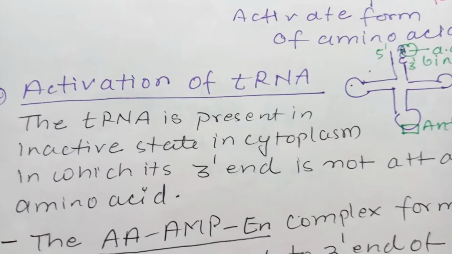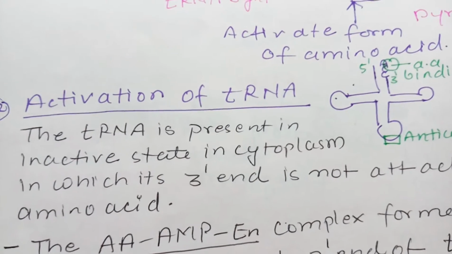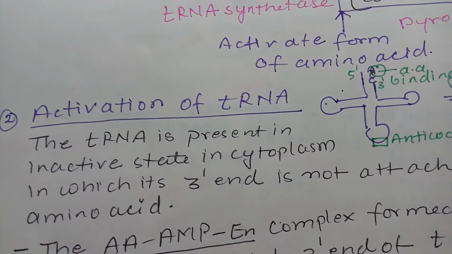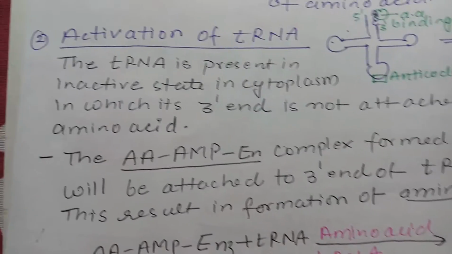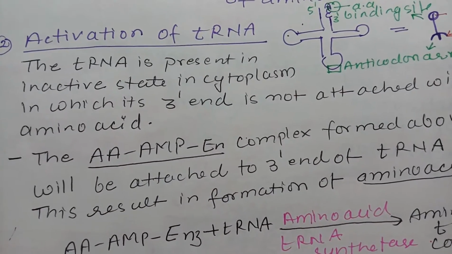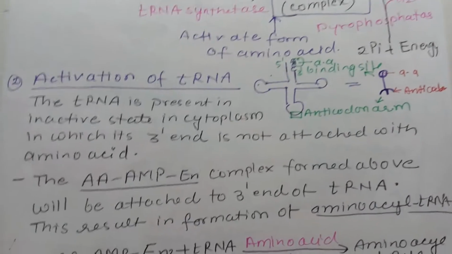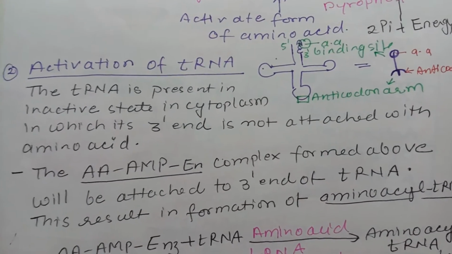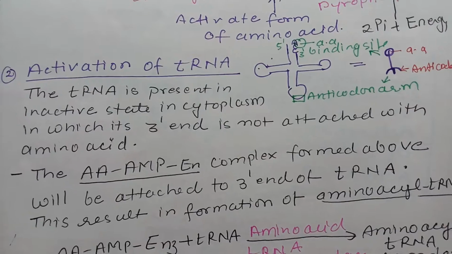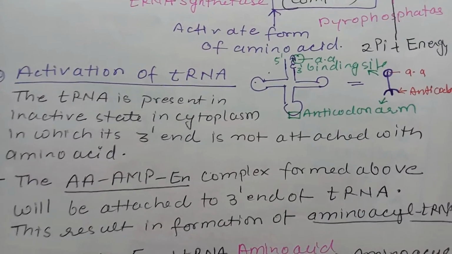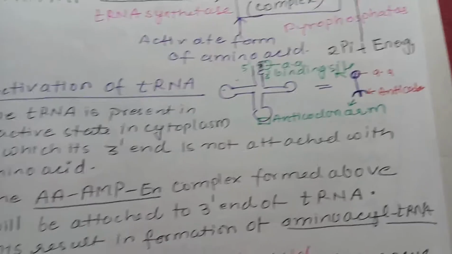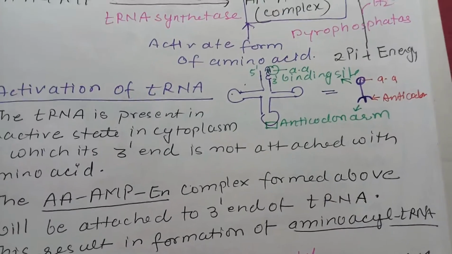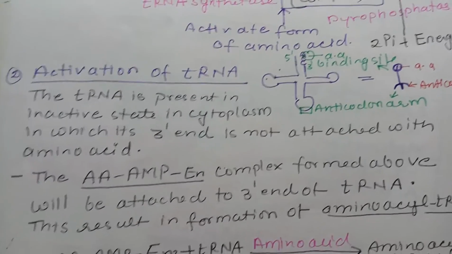The tRNA is present in an inactive state in the cytoplasm, in which its 3' end is not attached to an amino acid. The amino acid-AMP-enzyme complex formed above will be attached to the 3' end of tRNA, and this results in the formation of amino acyl tRNA. So amino acyl tRNA is actually the activated form of tRNA.